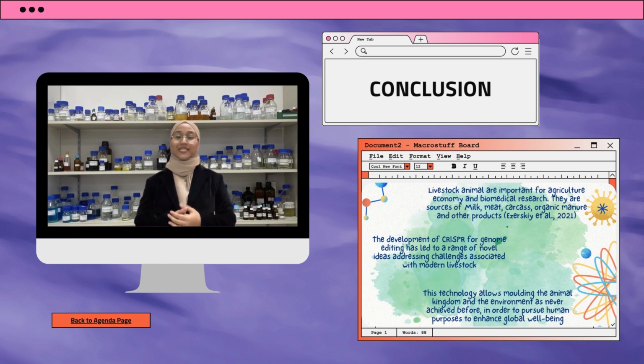So, for your information, the development of CRISPR-Cas9 for genome editing has led to a range of novel ideas addressing challenges associated with modern livestock, including productive and fitness traits, animal health and welfare, environmental preservation, and impacts on human health. So, this technology allows molding the animal kingdom and the environment as never achieved before in order to pursue human purpose to enhance global well-being.